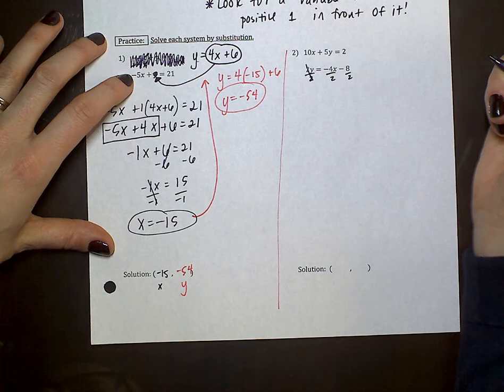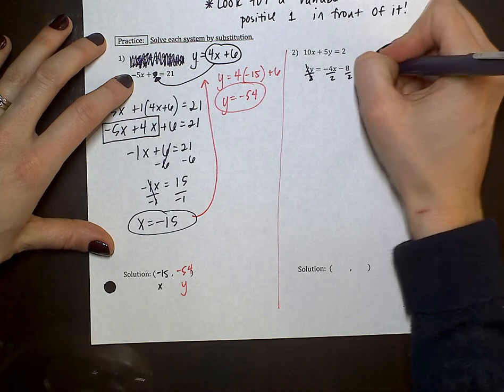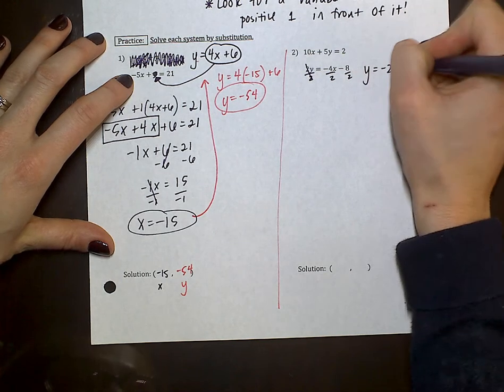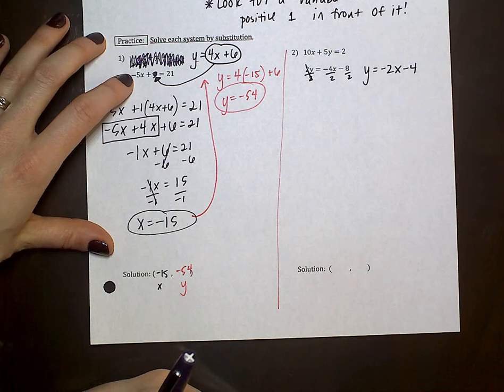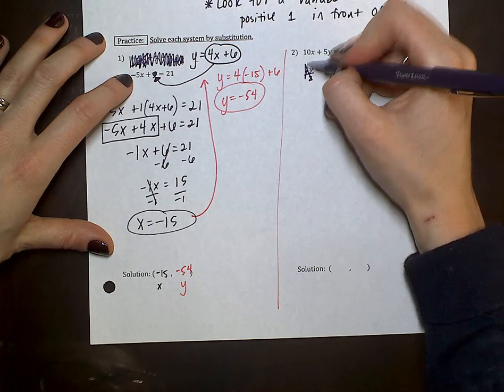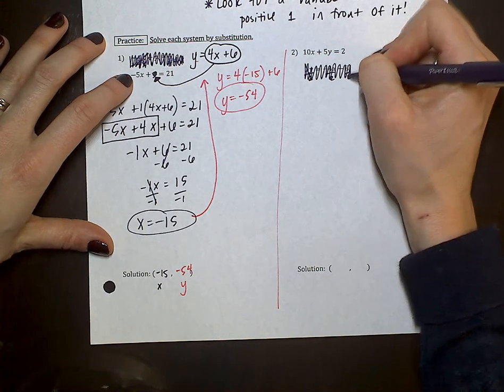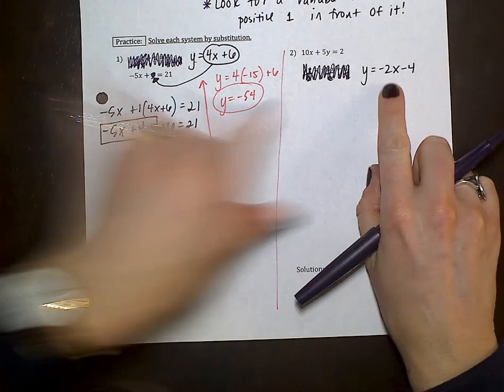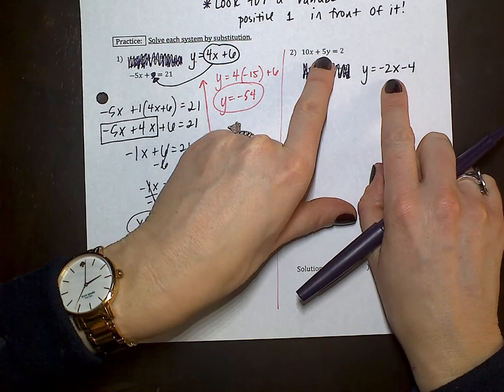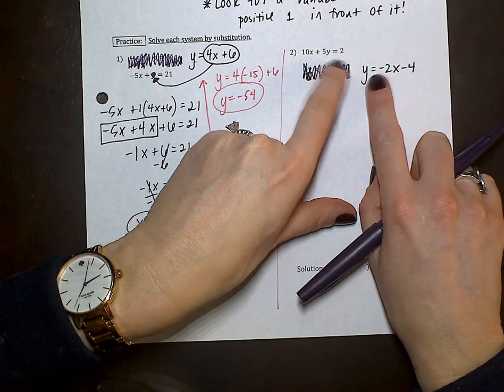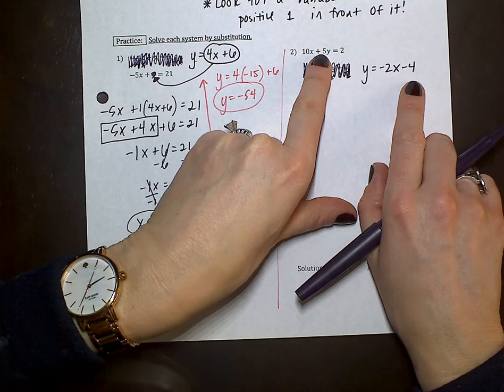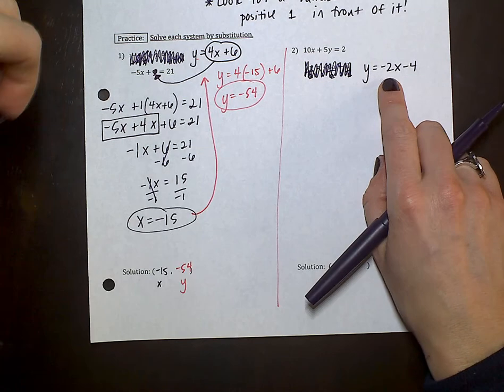And then I've got the equation y equals negative 2x minus 4. I like to cross off the equation that I changed because now I'm going to be looking at these two as my system. And you guys, this is like the exact same thing we did yesterday now. That first step is the only thing different with part 2 here.